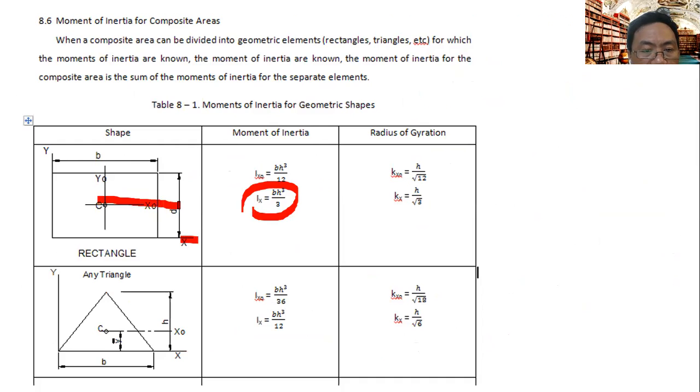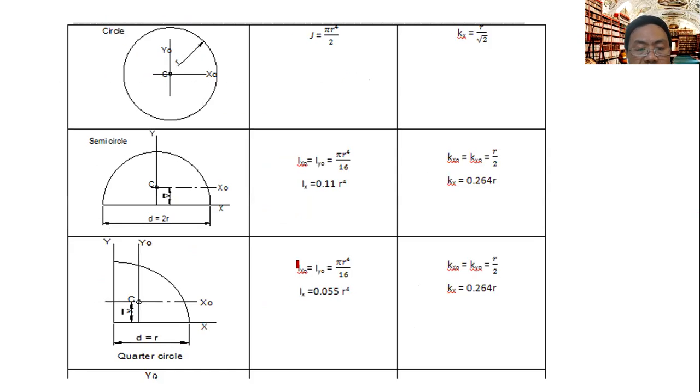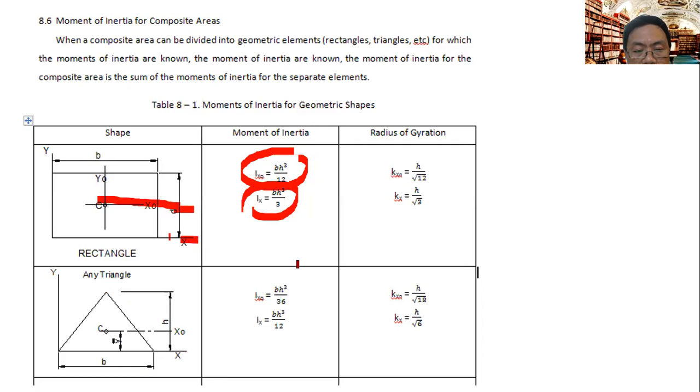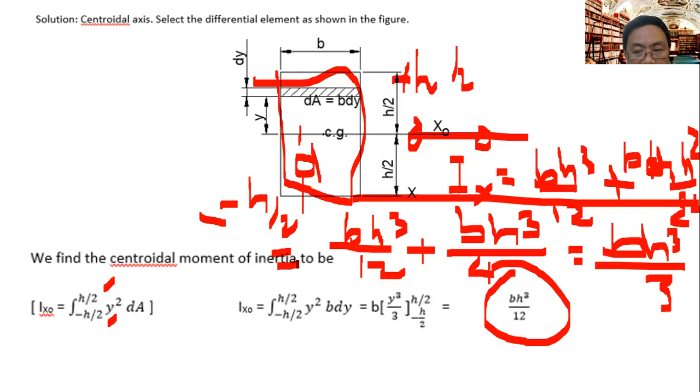The moment of inertia of the rectangle about its centroid is bh cube over 12. So when we transfer from this axis to here, it becomes bh cube over 3. So all the derivations for these different figures came from this integral calculation concept. Okay, so I think we'll end up to here.